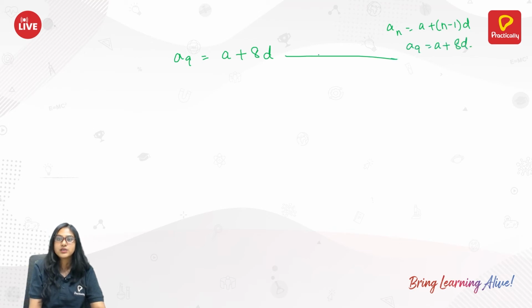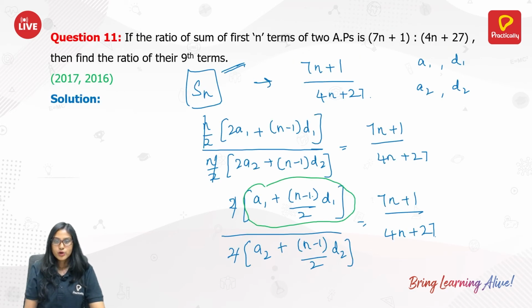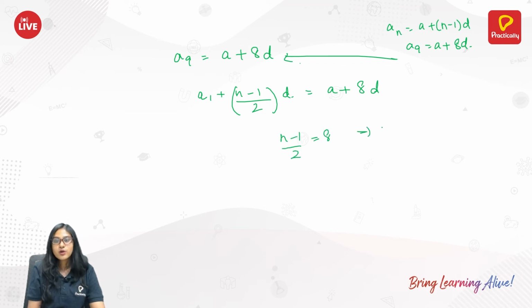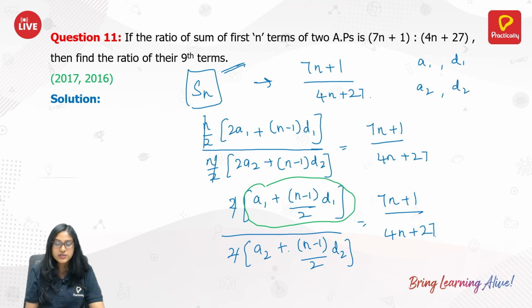That is what I have written here. Correct. Now, what do we have to do? This A plus n minus 1 by 2 into D is of the form that only. So, A1 plus n minus 1 by 2 into D equals A plus 8D. So, n minus 1 by 2 is equal to 8. So, n equals 16 plus 1, 17. Correct. Now, we want the ratio of ninth terms only.